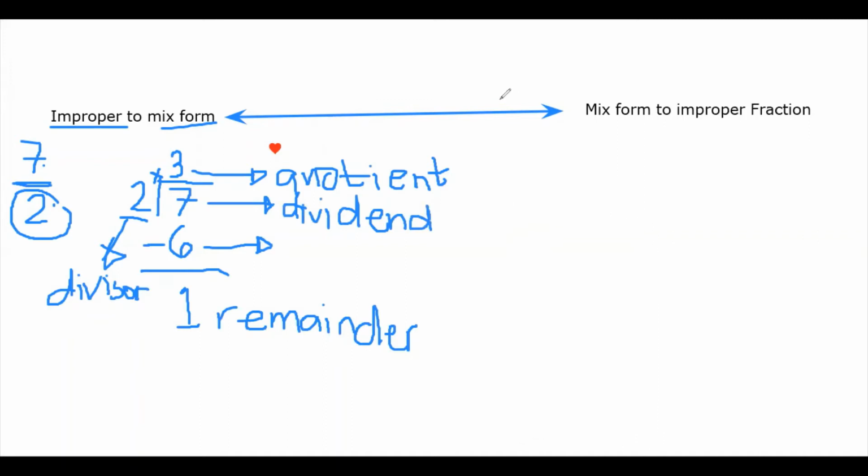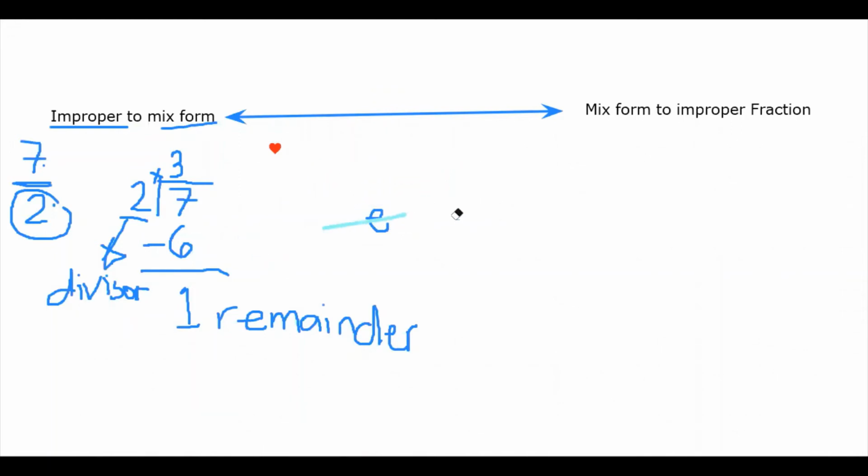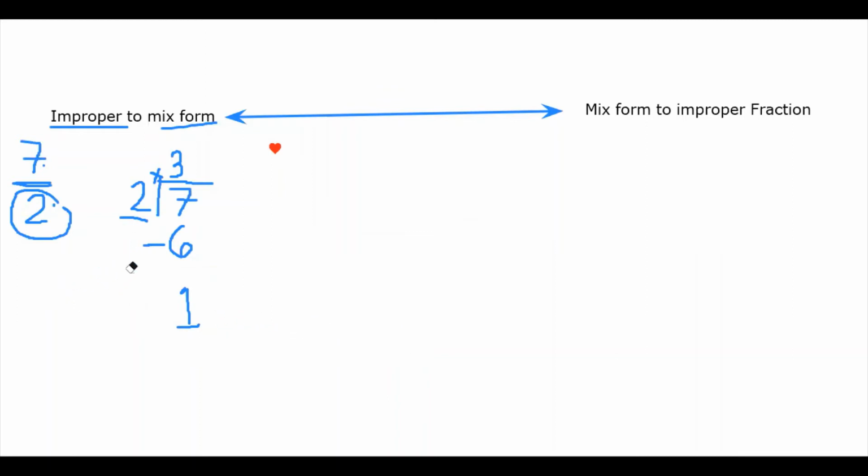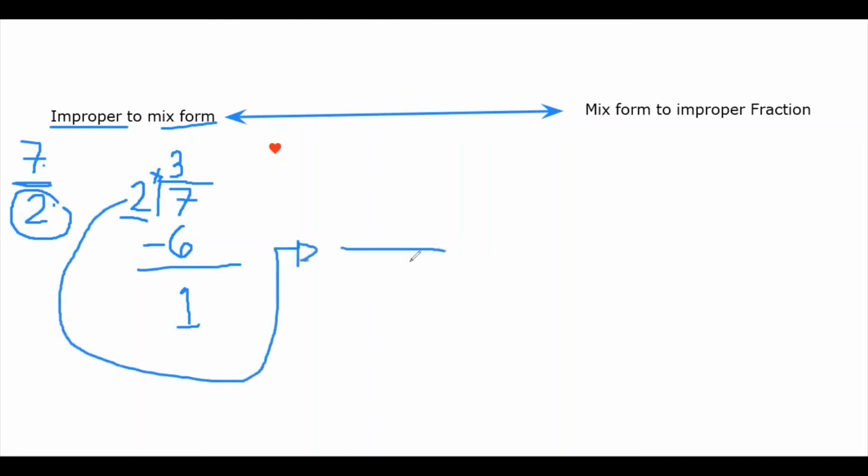So how are we going to arrange it to have a mixed form, from an improper fraction to mixed form? It's easy. We'll just remove this, yung sobra. Here our divisor will remain as our denominator. Nothing changes.